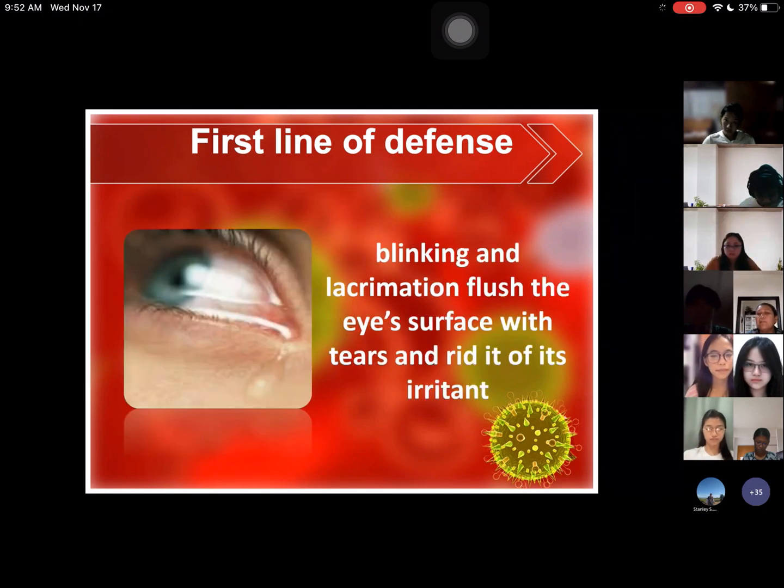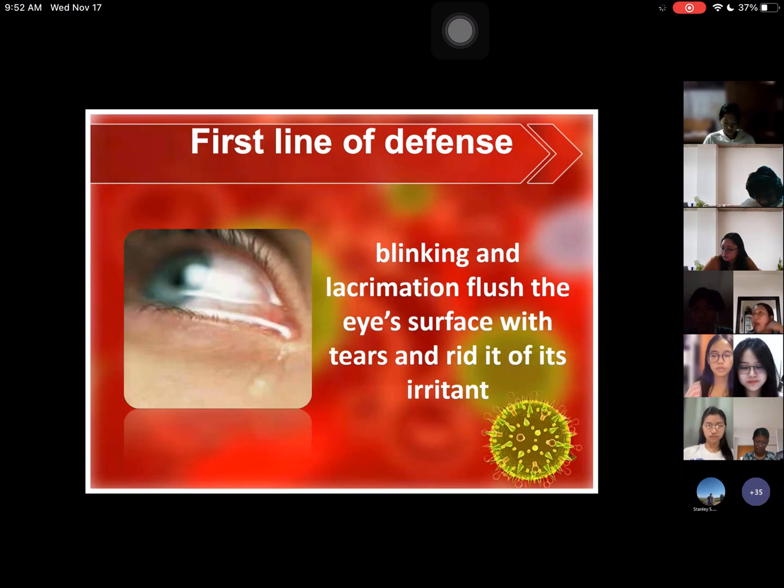Blinking and lacrimation flush the eye surface. This is one that I mentioned a while ago, that sometimes crying is also an advantage, okay, because it clears whatever is present in your eyes. So it flushes the eye surface with tears and rids it of its irritants, okay.